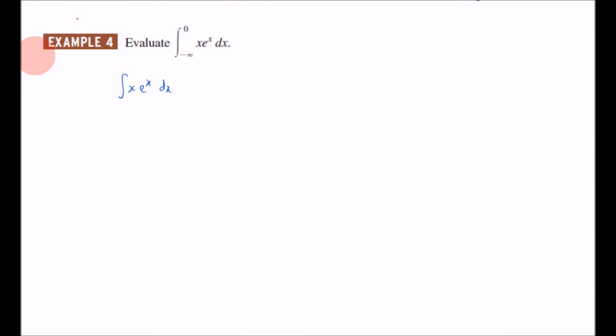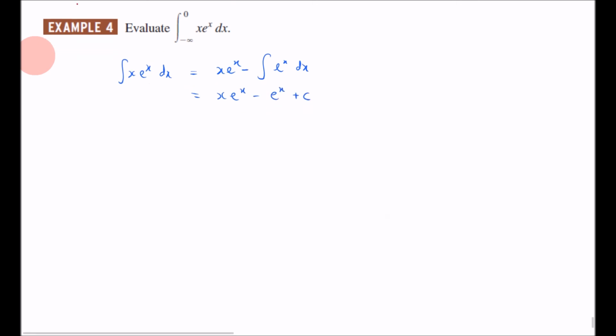So you integrate e to the minus x, and then you differentiate x. Next you introduce the limits now. When you introduce limits, you no need to put a c.